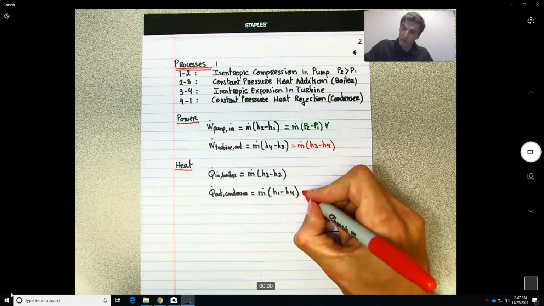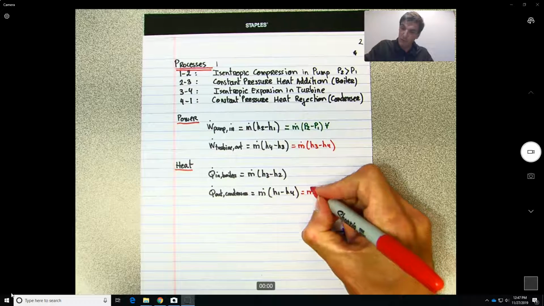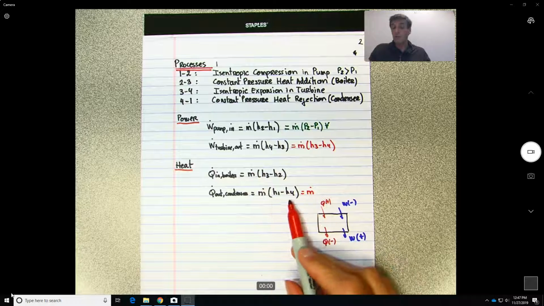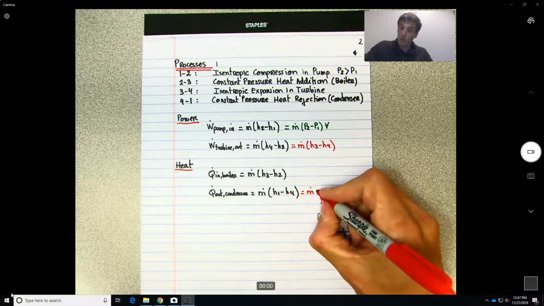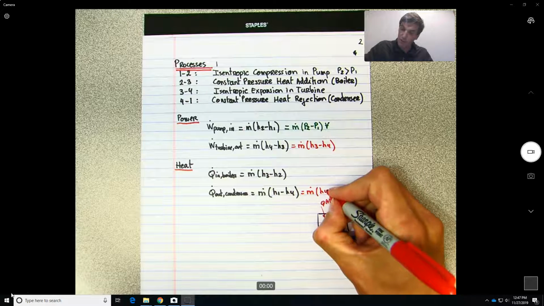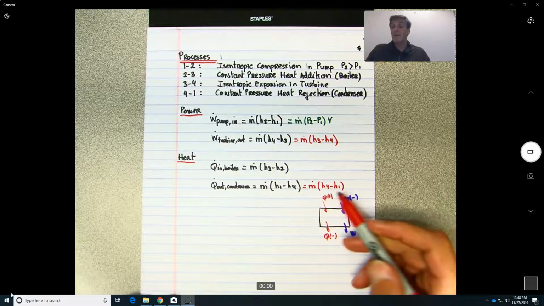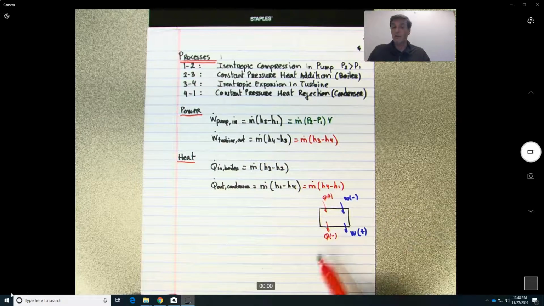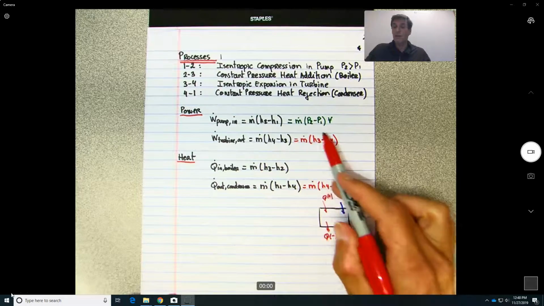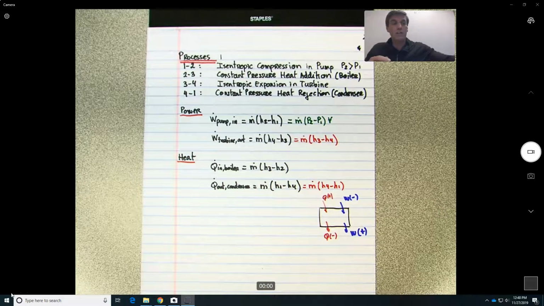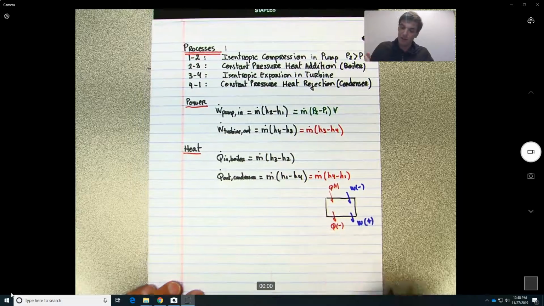So over here we need to do a similar correction. If you just want to use the magnitude, just do m(H4 minus H1). You don't have to do this really if you still remember the sign convention, but keeping everything positive will help us on the next step when we need to calculate the efficiency.